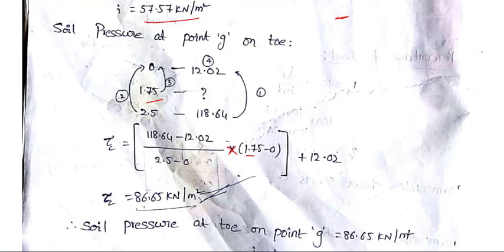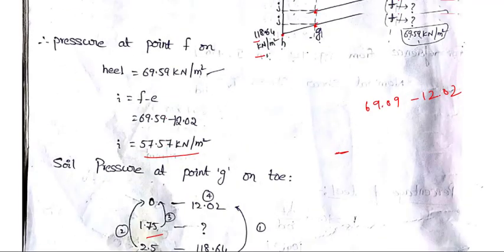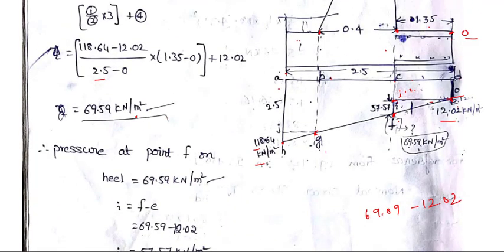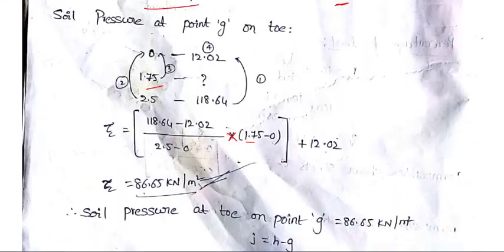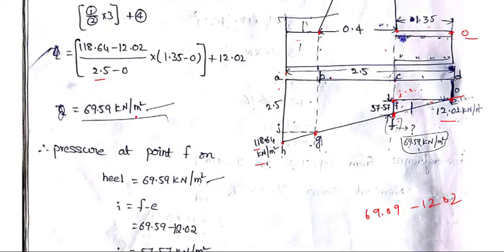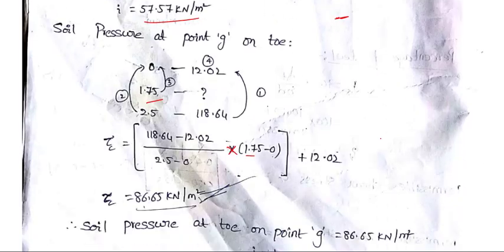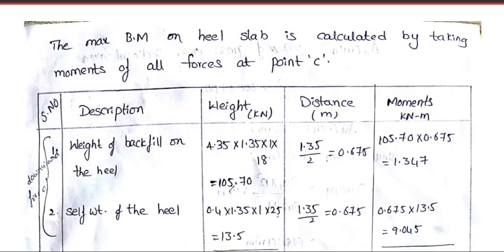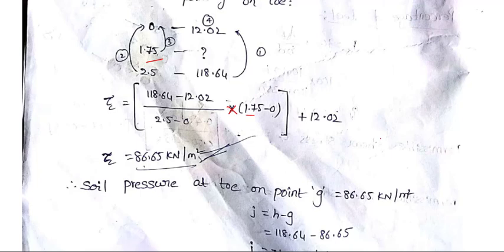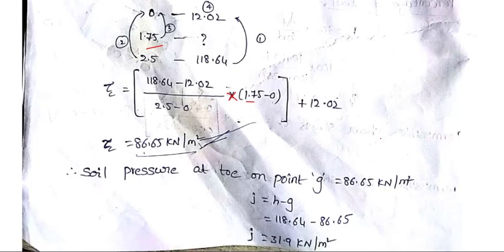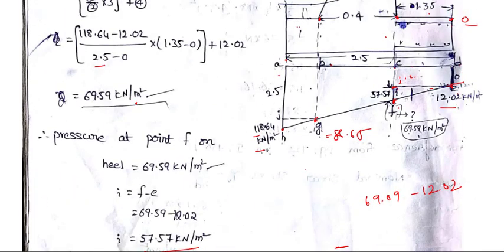Next, so what is the value? Soil pressure at G is equal to 86.65 kilonewton per meter square. So soil pressure at toe point G. Okay, let's go here.